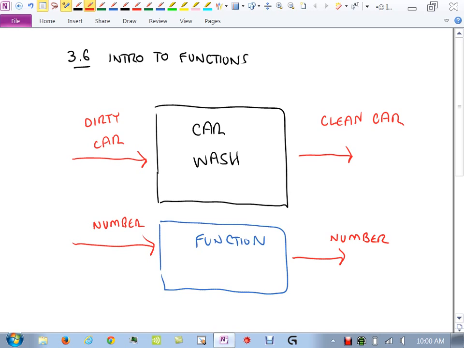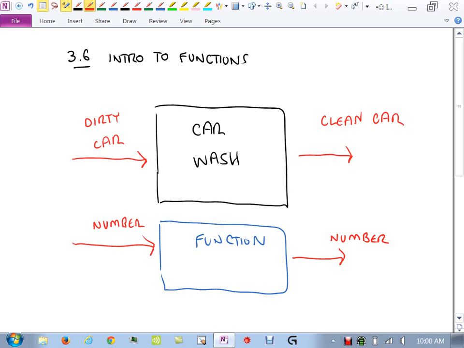Now there is a very special function called the identity, where you start with a number, and when it comes out, it's unchanged. It's identical to what it started as. But that's a very special function, kind of irrelevant for us right now. We want to realize that functions change a number to a new number, just like you change a dirty car to a clean car.